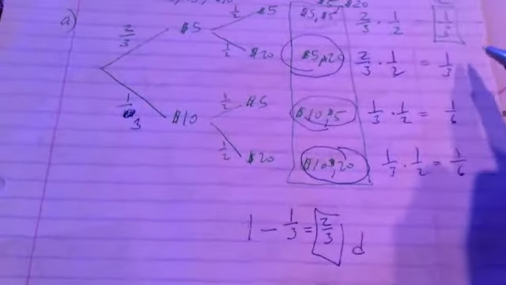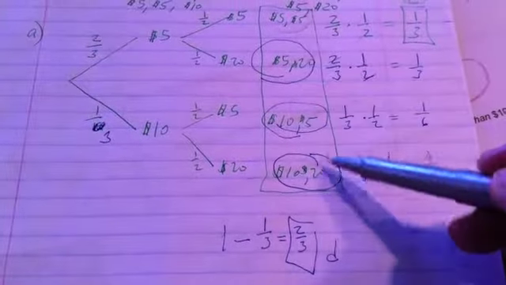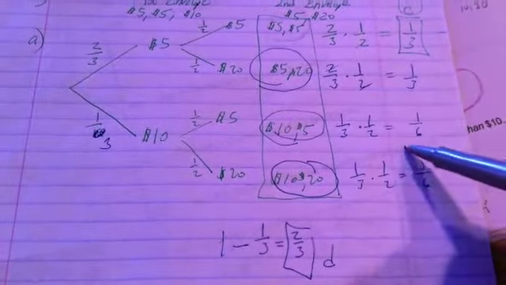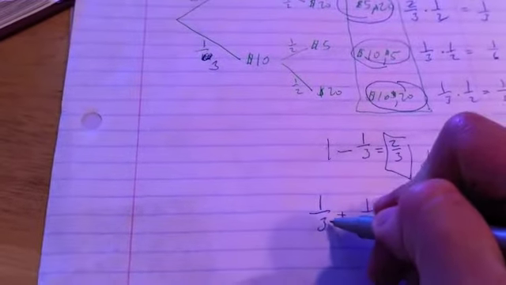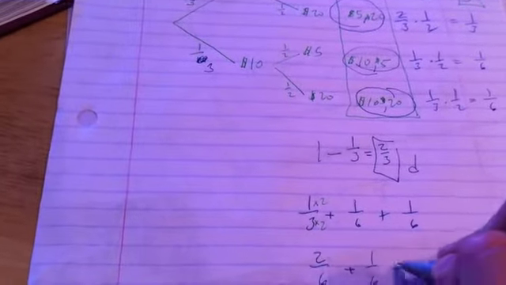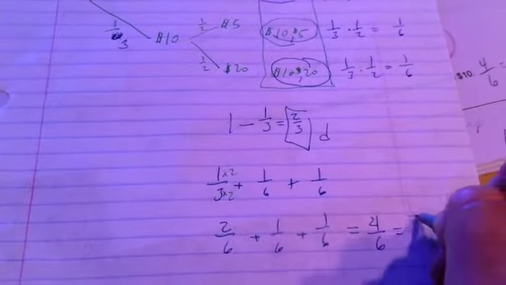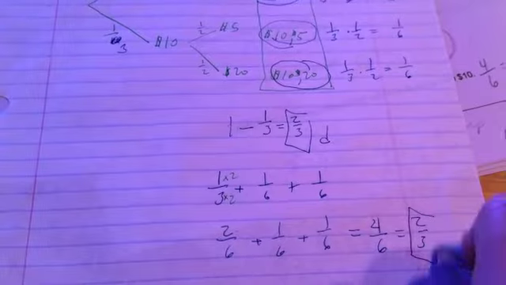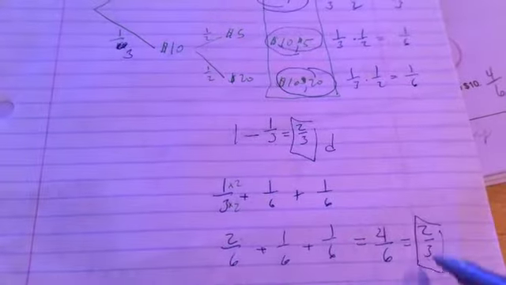So if I add up the ones that I want, this one, and this one, so 1/3 plus 1/6 plus 1/6, get a common denominator of 6, so multiply this guy top and bottom by 2. That's 2/6 plus 1/6 plus 1/6, which is 4/6, which is 2/3. So we match. Excellent.